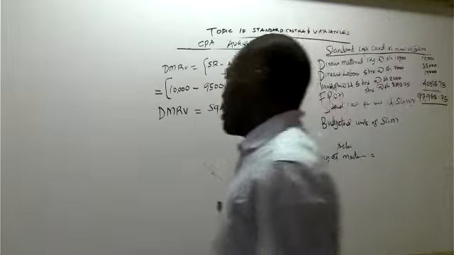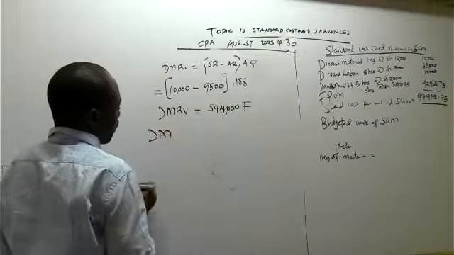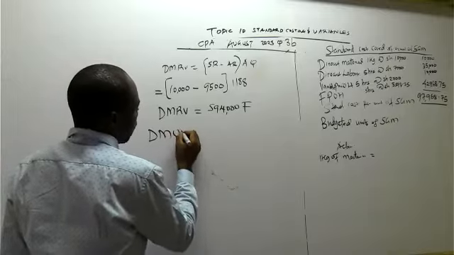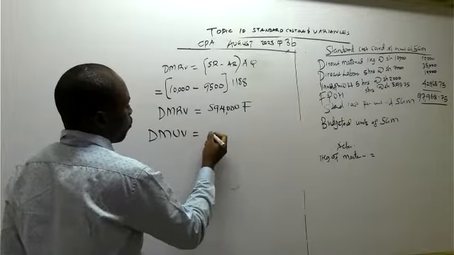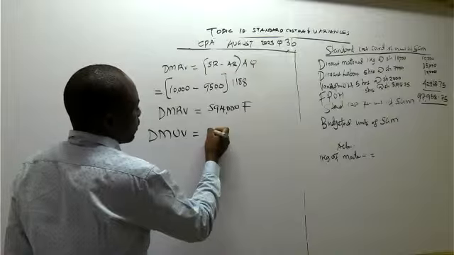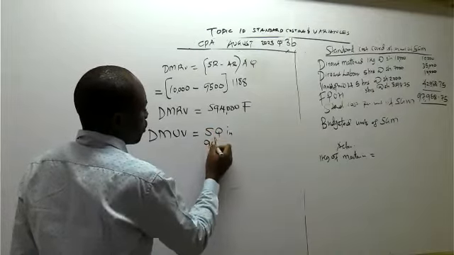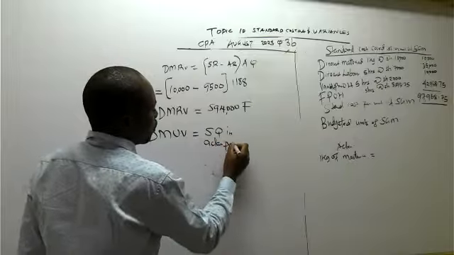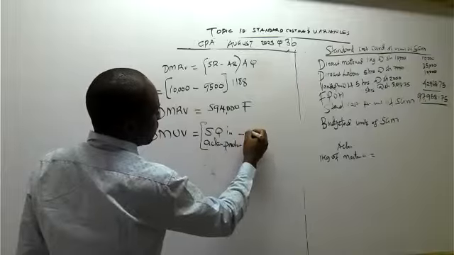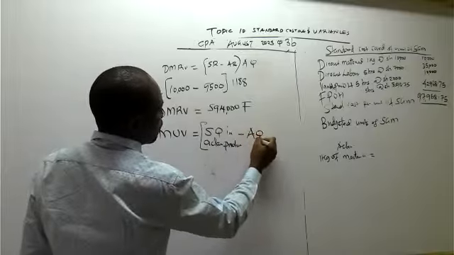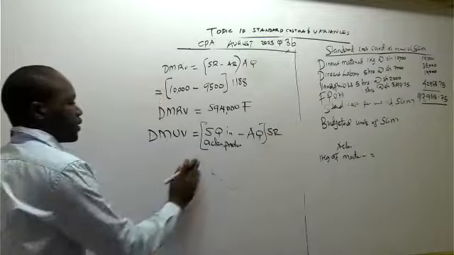Haya, wacha tujaribu na hii ya mwisho. Direct material usage variance is equal to standard quantity in actual production minus actual quantity. Then this one here you multiply by the standard rate.